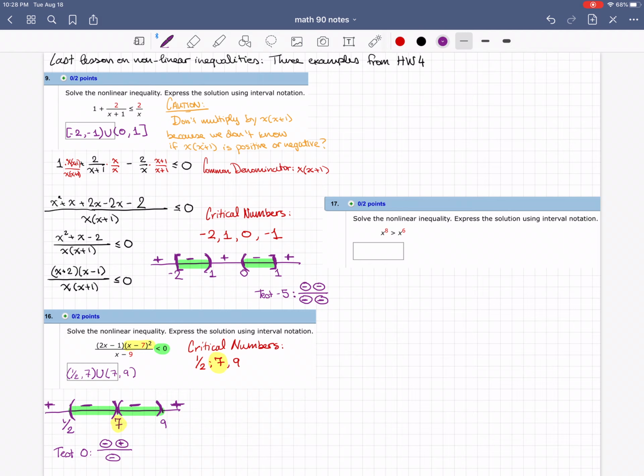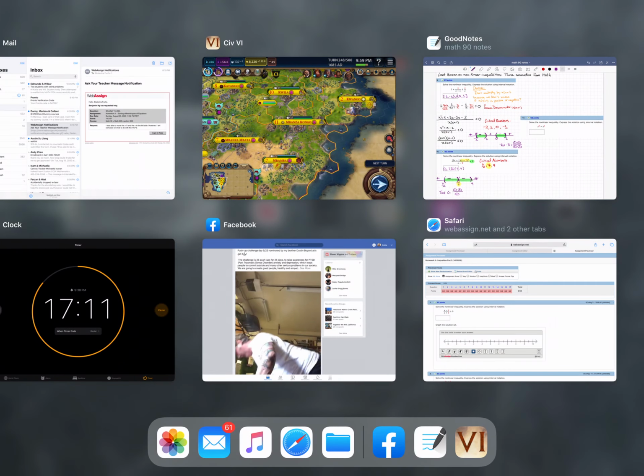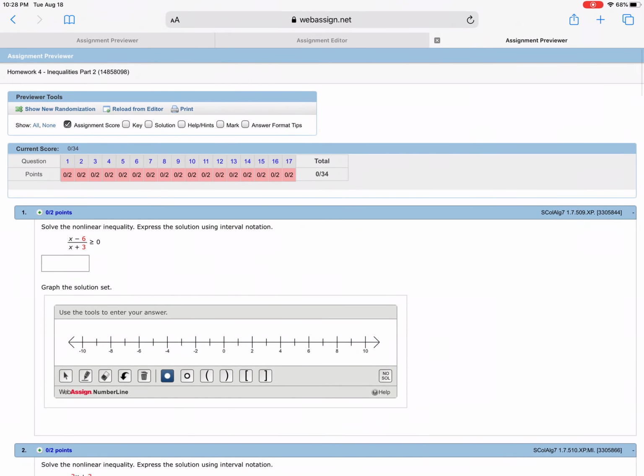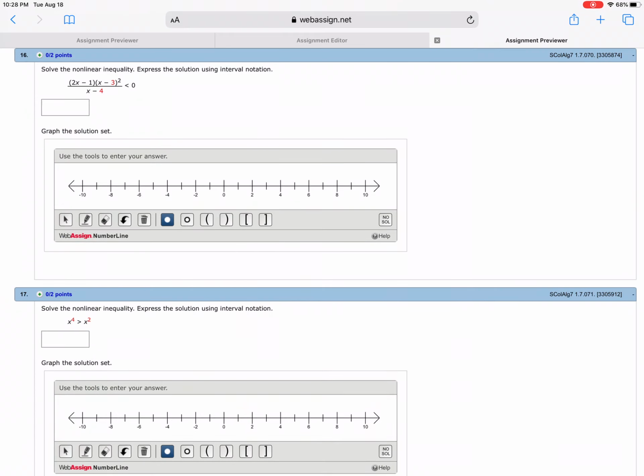So that is the process of solving number 16. Let's go into the homework in WebAssign. Here is number 16. And what do we have here? So our solution set was what? Now I'm forgetting.